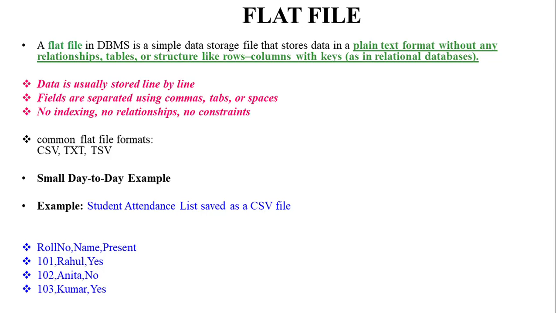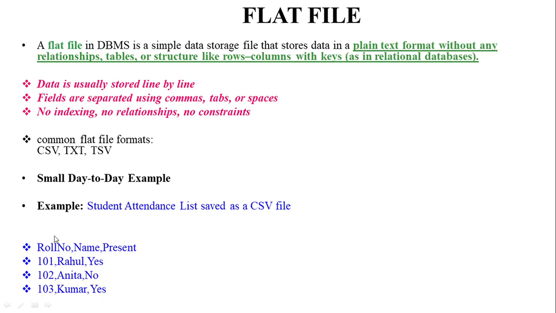Now let us have a small day-to-day example to understand it in a better way. Let us take a small example of the student attendance list, which is usually saved as a CSV file. The attributes or fields that could be required are the roll number, name, and whether the student is present or absent. As we said earlier, the fields are just separated by commas, tabs or spaces.